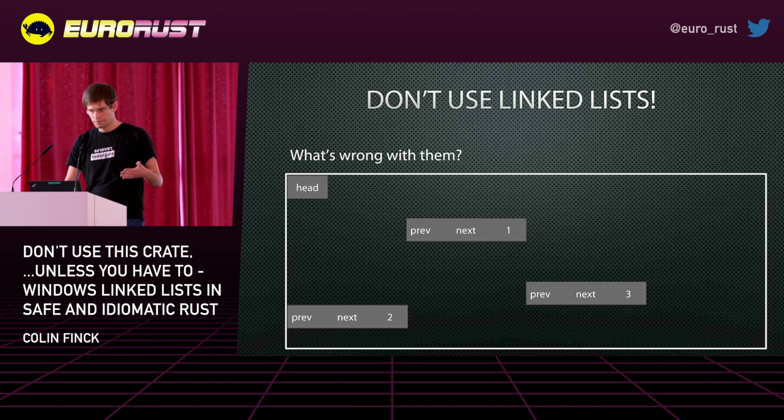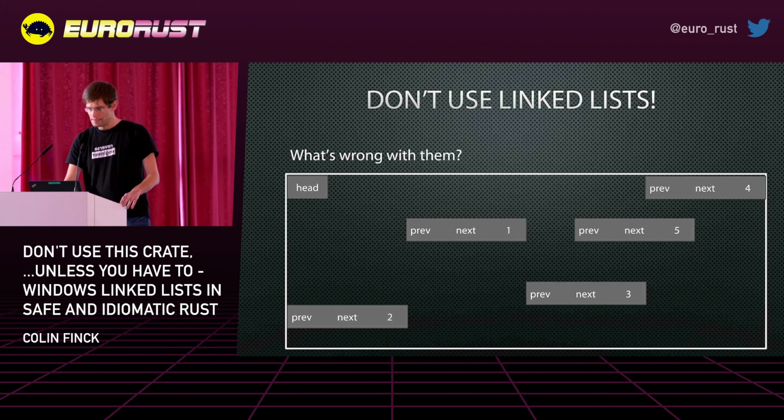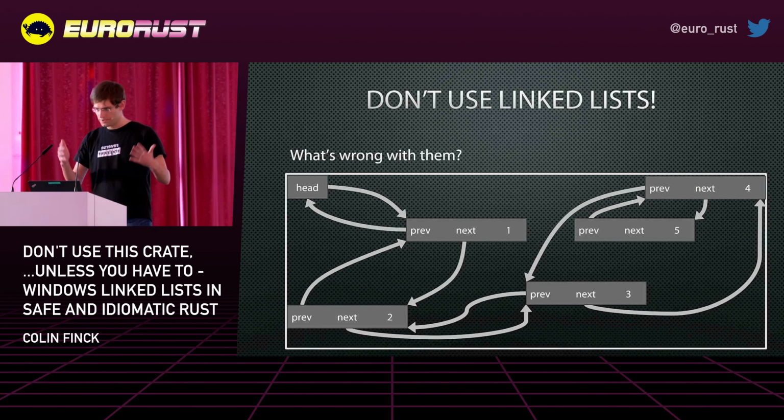Same for the third, the fourth, and so on. This is quite a bit of memory that needs to be allocated just for storing 5 integers in this example. But on top of this, we also need to maintain a few pointers between all of these elements. So you see quite some chaos. I don't want my memory to look like this, and neither does your CPU.